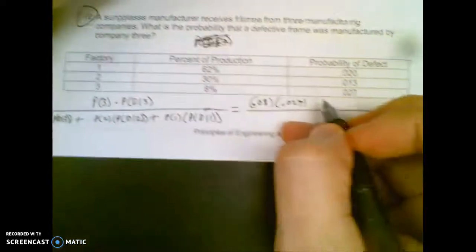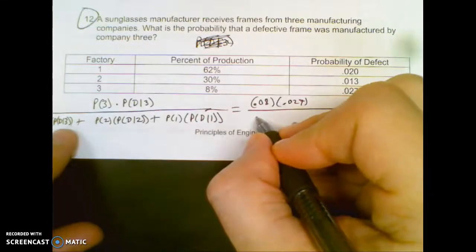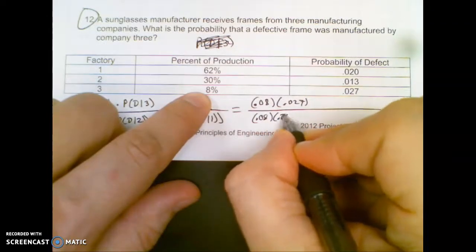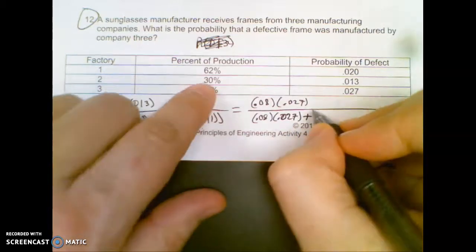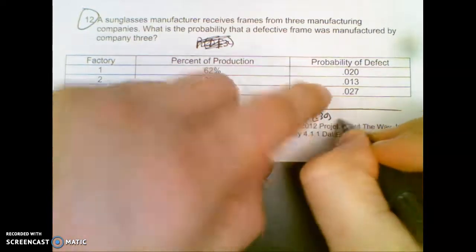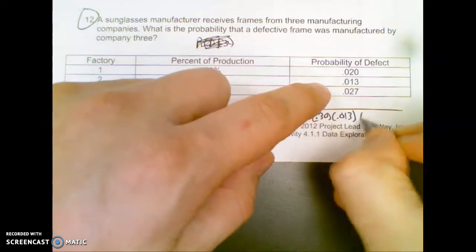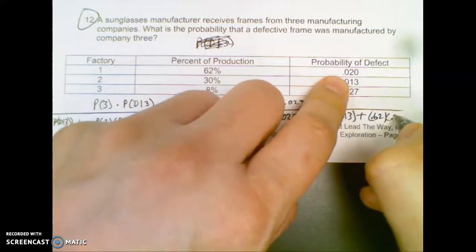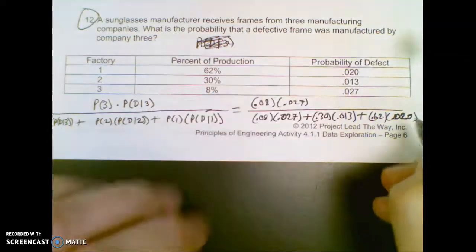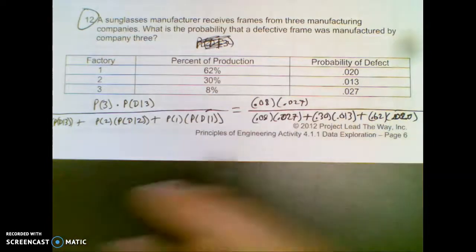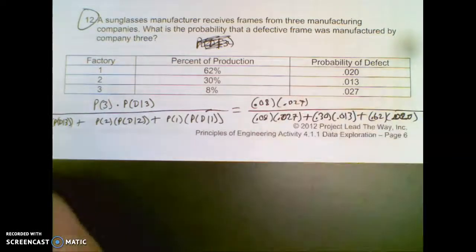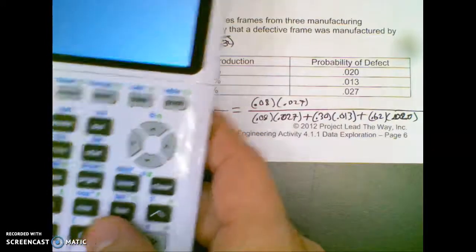And now I have to divide it by the totals, which is the 0.08 times 0.027 plus the 0.30 times 0.013 plus 0.62, 62%, and only 0.02 are defective there. So basically you have the total defective down here, and defective from plant 3 up here. So I'm going to crunch those numbers.